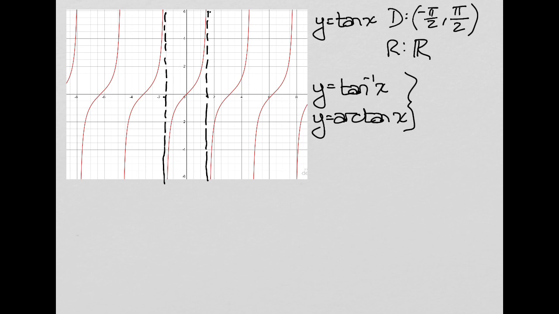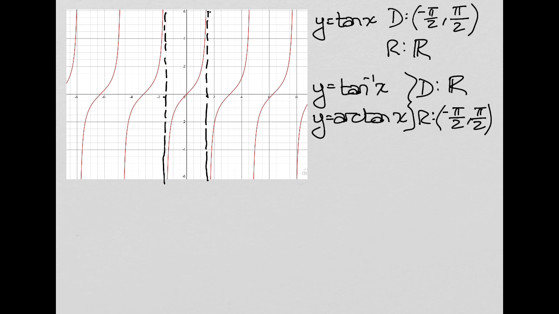The domain of the original function is the range of the inverse. So the range of my inverse tangent function is minus pi over 2 to plus pi over 2. And the domain is the range of the original function, so that's all real numbers. So we're not going to run into domain problems like we sometimes do with the inverse sine and the inverse cosine. Its domain is all real numbers.